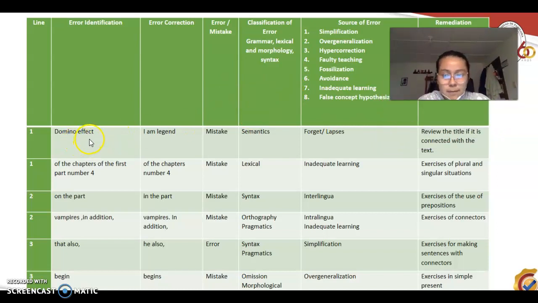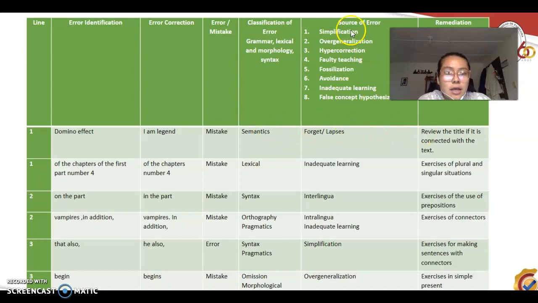So in the first one, the student is talking about a legend. So the title is confusing because the content is so different. So the classification of error is semantics. So it talks about the meaning of the whole text.